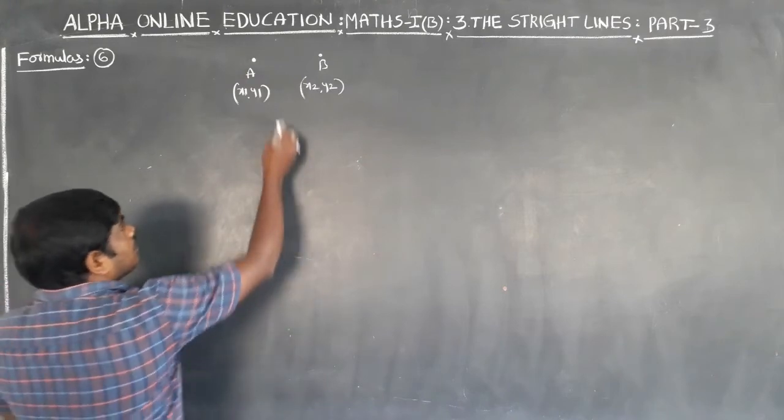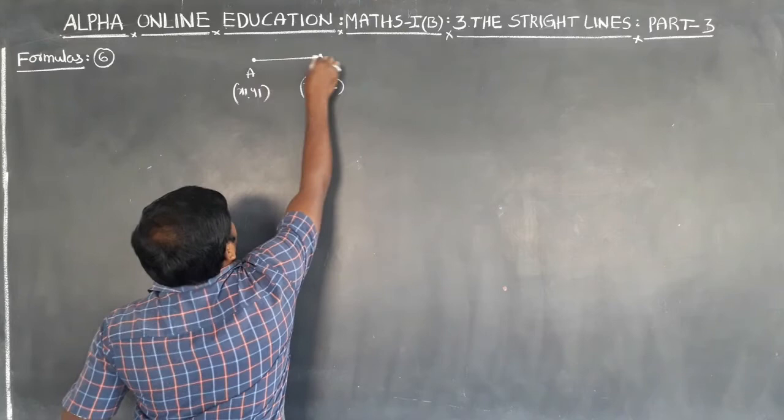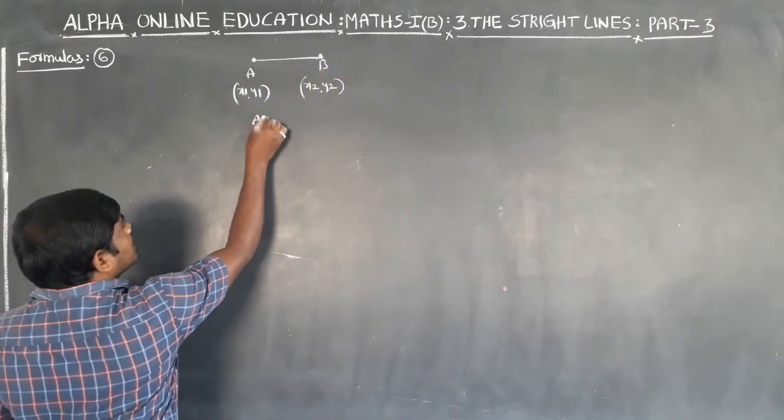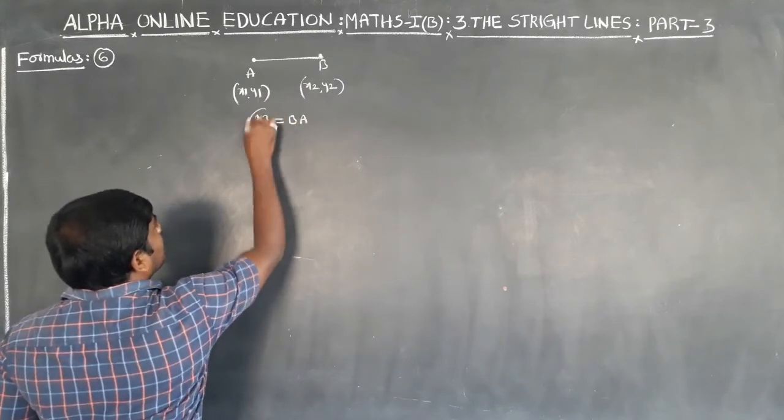Here, the distance between the 2 points A and B is denoted by AB or BA.